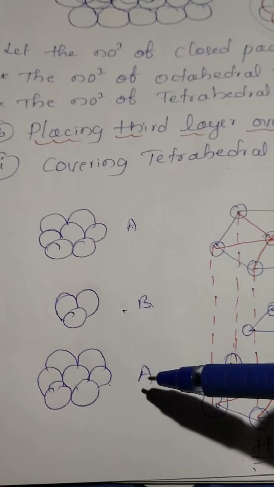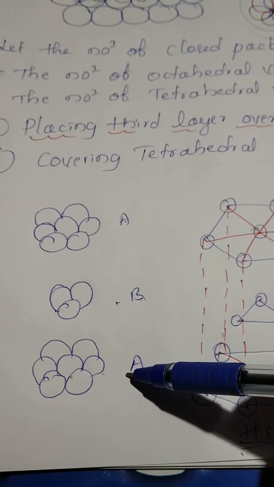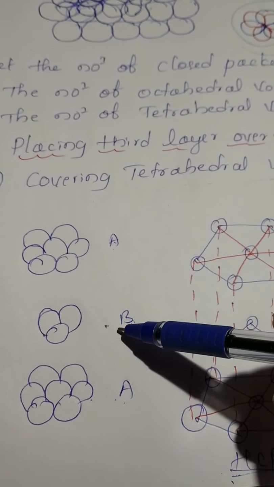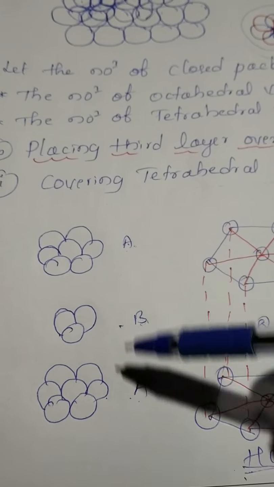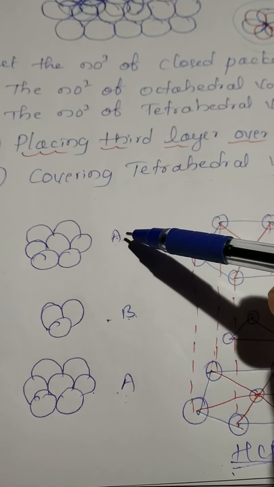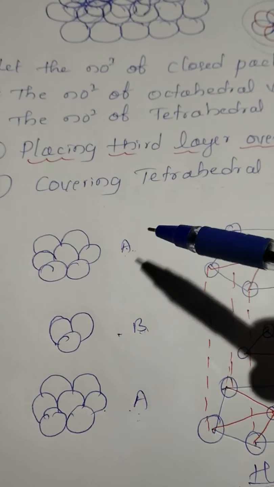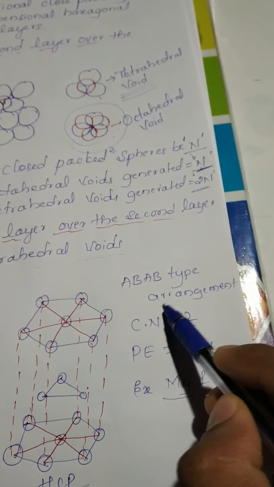See here, this is the first layer and this is the second layer. Now I am placing the third layer over the second layer so that its spheres cover the tetrahedral voids, and this results in HCP. If we call the first layer A type and the second layer B type, the third layer is exactly aligned with the first one, hence it is also an A type layer. Hence this arrangement is called AB type arrangement.